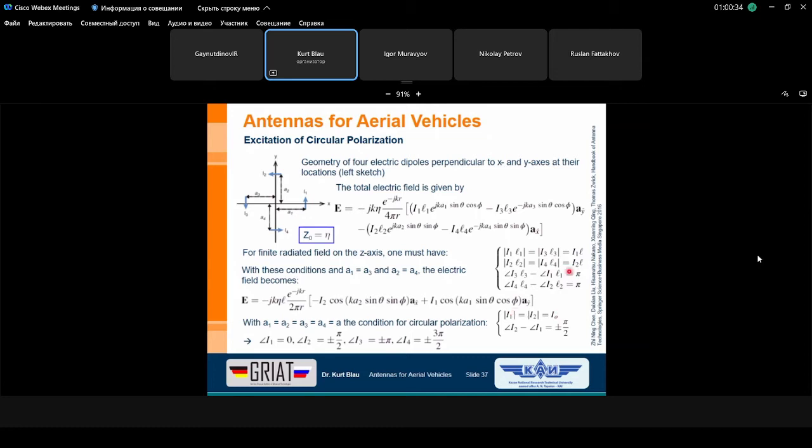Then the angle between this difference and this difference must be plus or minus half pi. We remember this is the condition for circular polarization. Whether it's plus or minus determines the direction of rotation, either counterclockwise or clockwise.